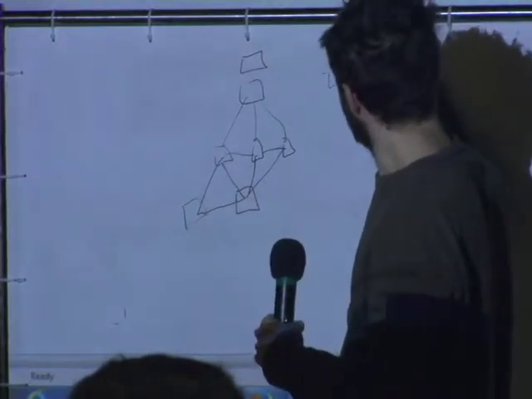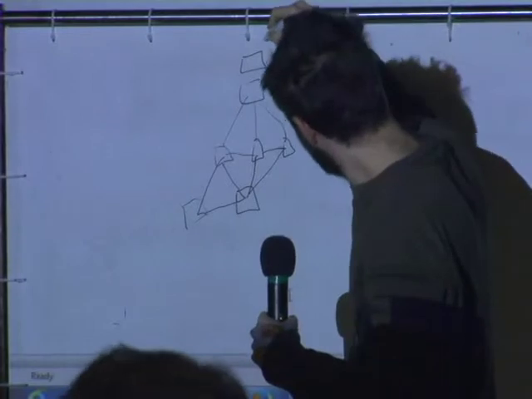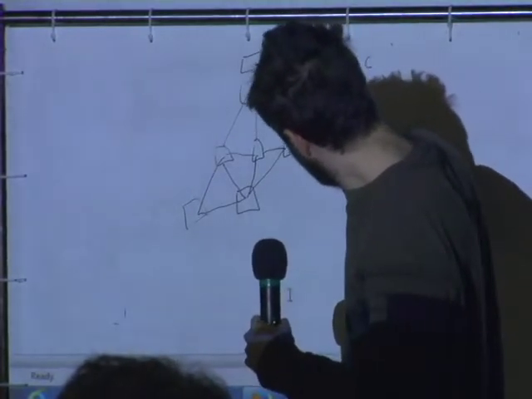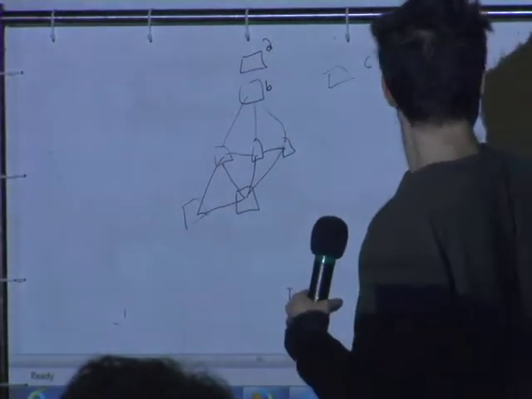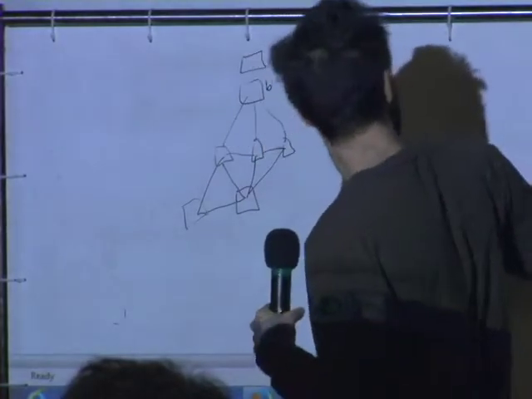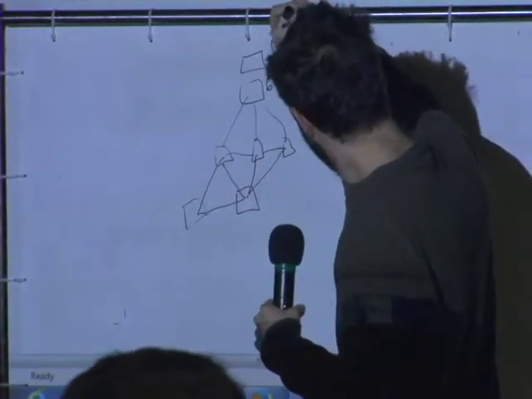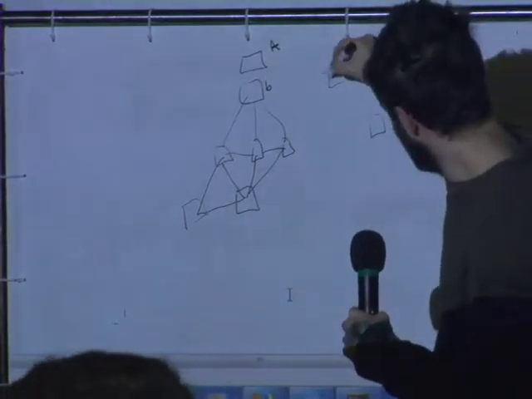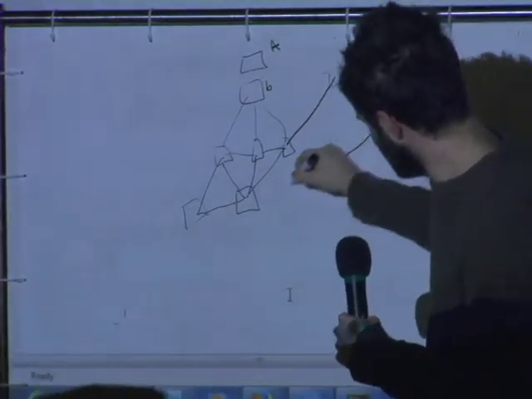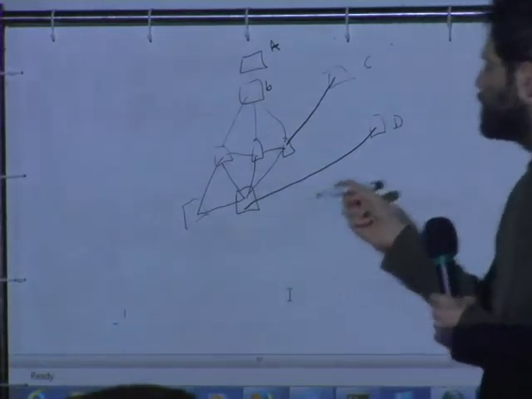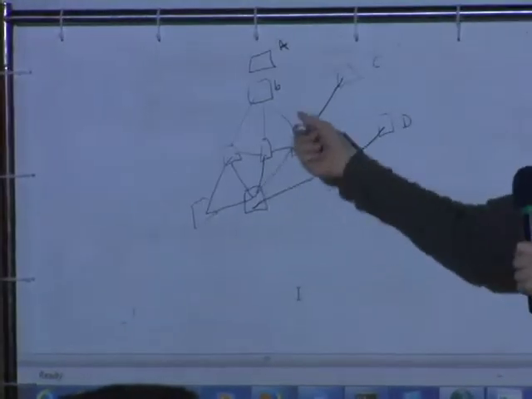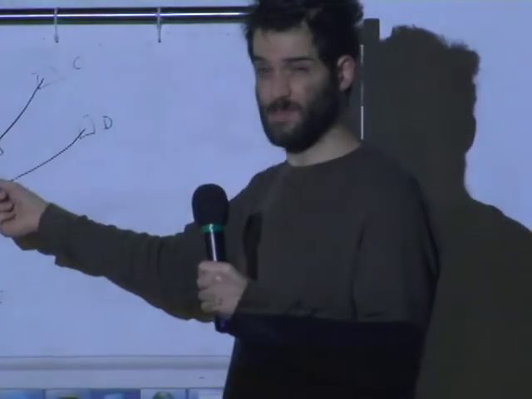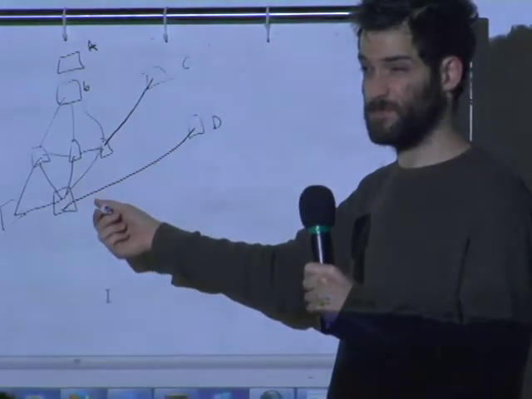This is going to be an external variable. Call it C. A, B. This is D. And C and D are going to also refer to these objects. These are all going to have arrows in the actual implementation.